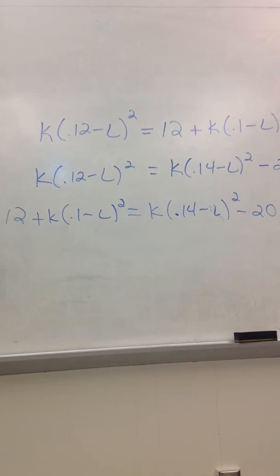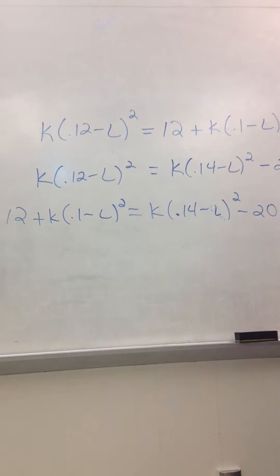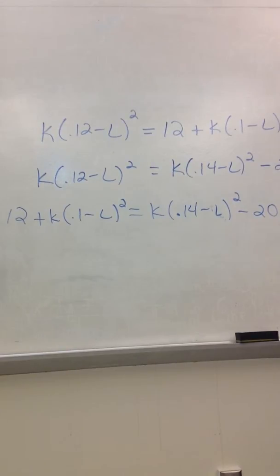So let's see. I'm trying to decide: is it cleaner to solve for k first, or I guess we multiply, FOIL out both of them to begin with?